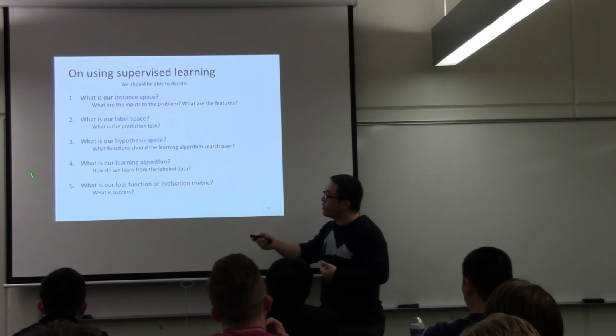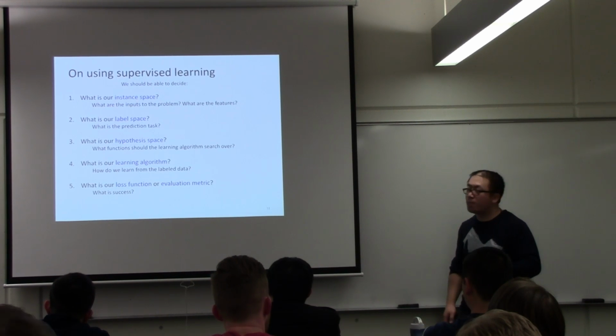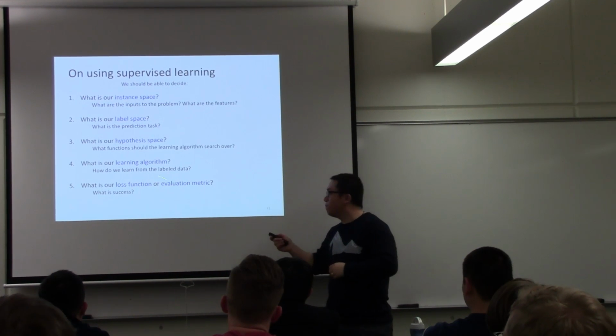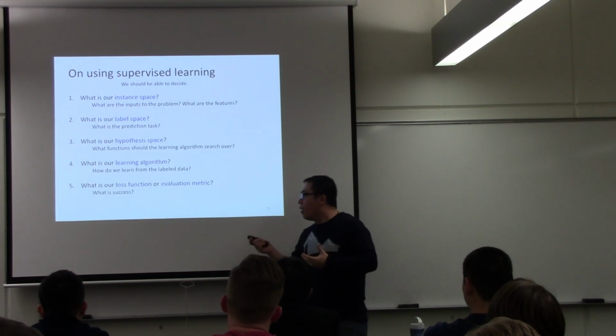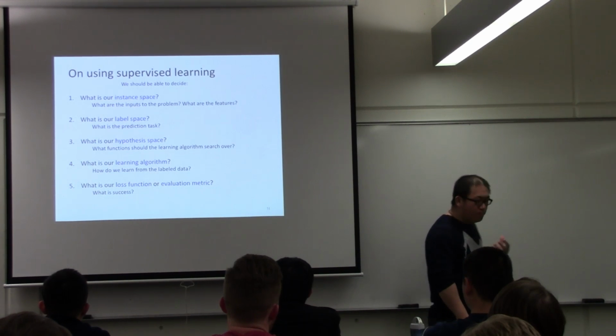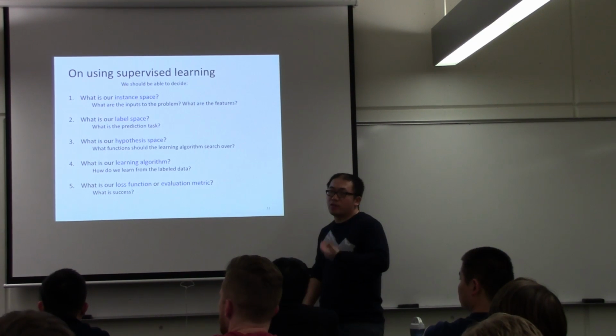And along with this, what is our loss function or evaluation metric? In many cases, the loss function is the main objective of our learning algorithm. That means the learning algorithm is essentially to minimize this loss function.